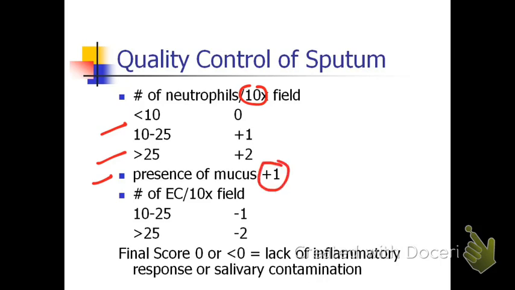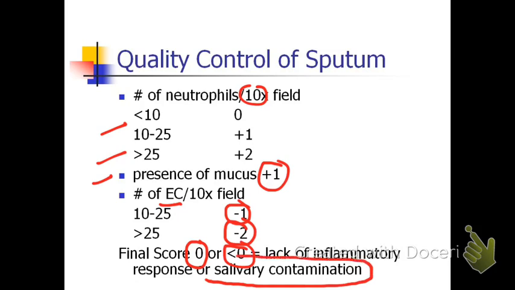Then you also assess the number of epithelial cells in 10 fields. If there are about 10 to 25 epithelial cells, then negative 1. If there are more than 25 epithelial cells, then negative 2. Then you sum up. If the final score is 0, or less than 0, or negative, then there is a lack of inflammatory response, which means that the specimen that you have collected is not a sputum.